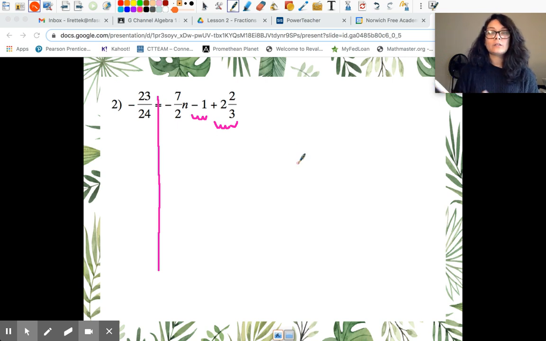If you're using a calculator that can type a mixed number like mine, you still use the ABC button. You just type the ABC button after the whole number. So I'm going to type the whole number of 2, ABC, and then I use the ABC button again to type the fraction. 2, ABC 3, enter. So I'm doing -1 plus 2 2/3 in my calculator, and it's giving me a mixed number.